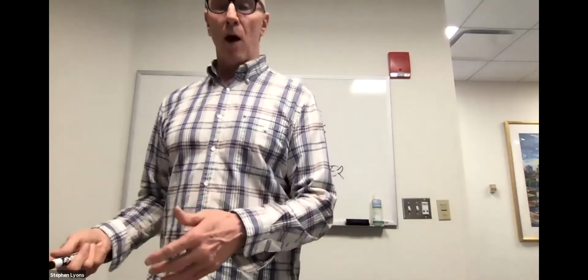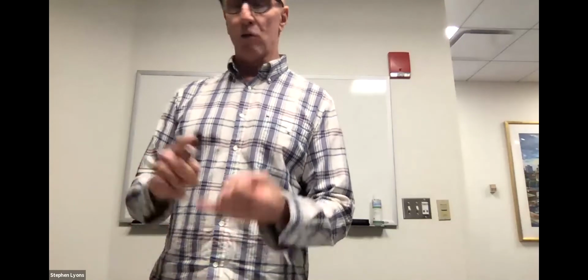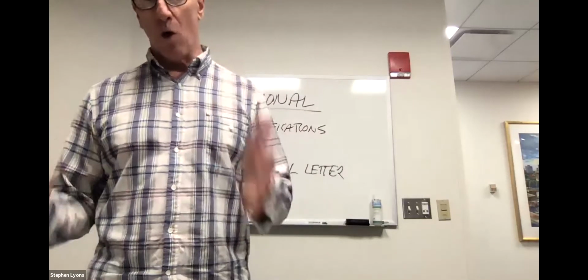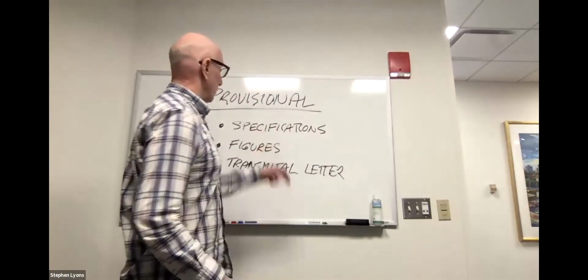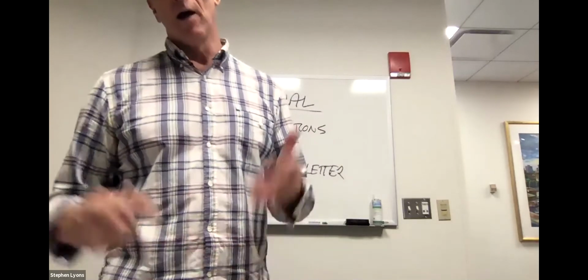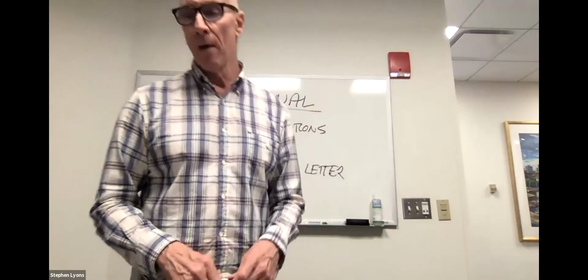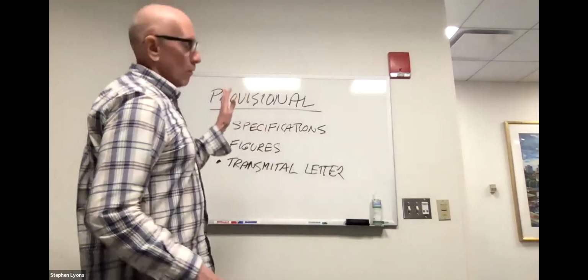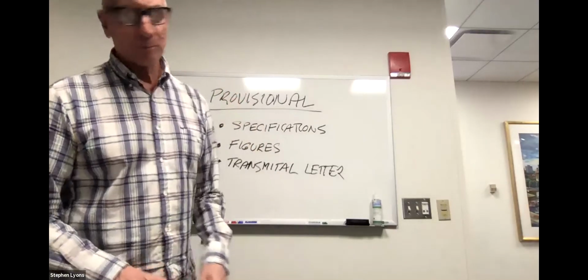You can just download a transmittal letter or a cover sheet from the USPTO, which is all you need in addition to your specifications and figures. Or you can go to the electronic forms online and simply populate them with the information about your invention.